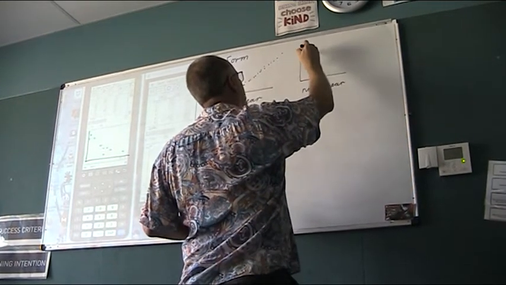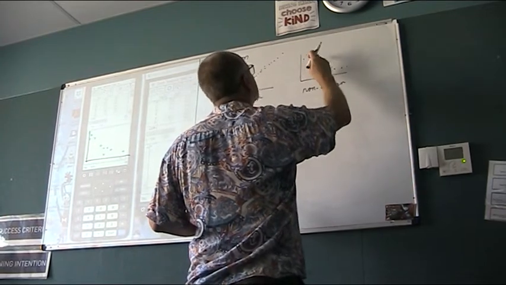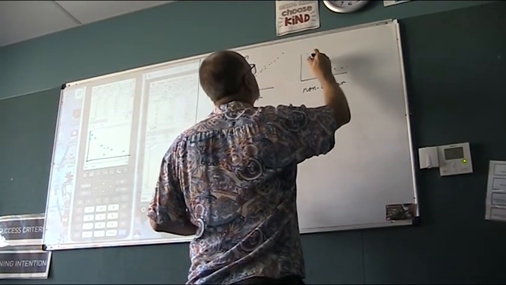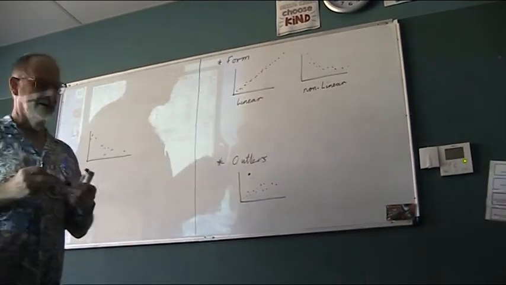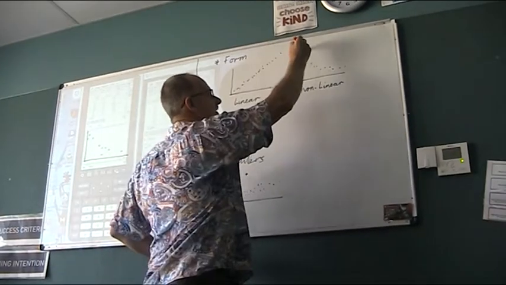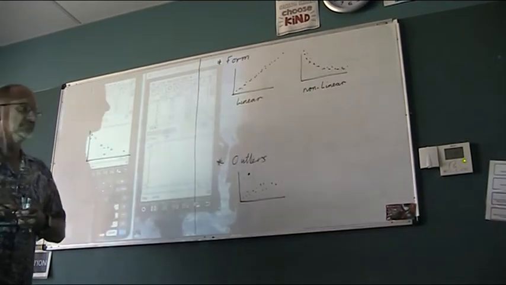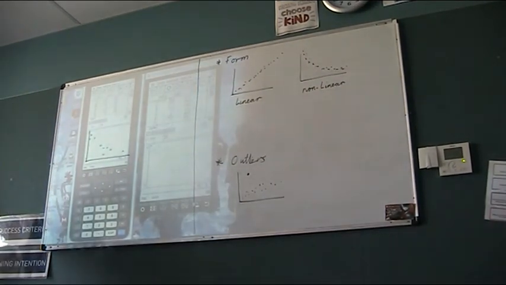A non-linear one might be something like that. This particular one curves. But we just use the words linear and non-linear. Don't worry too much at this point in time about what the curves might be.